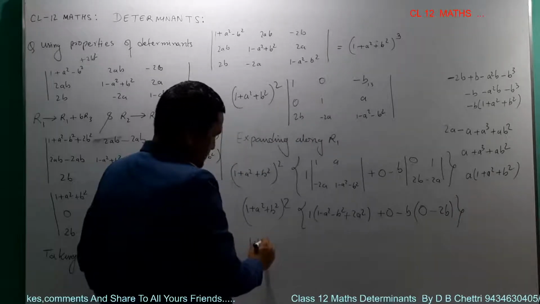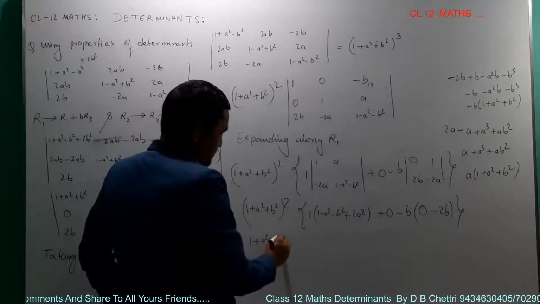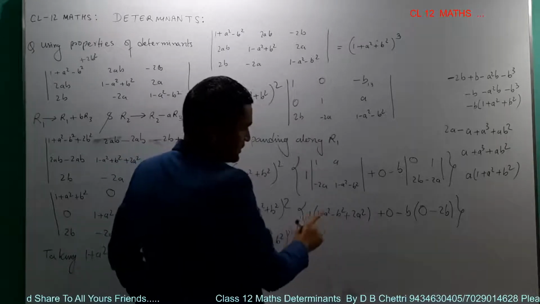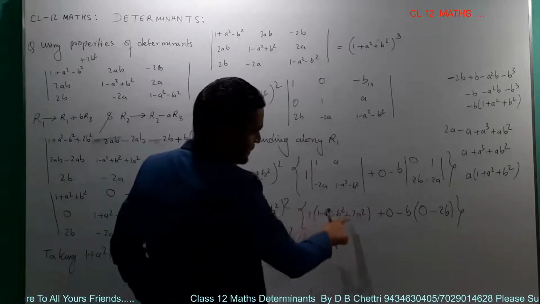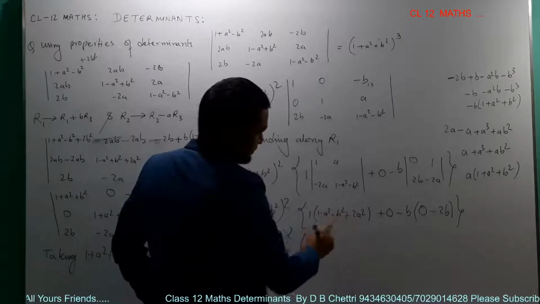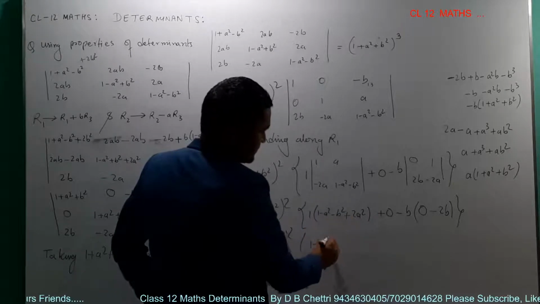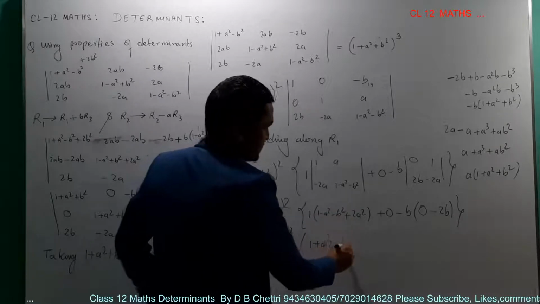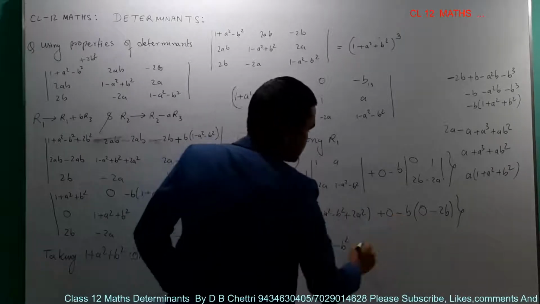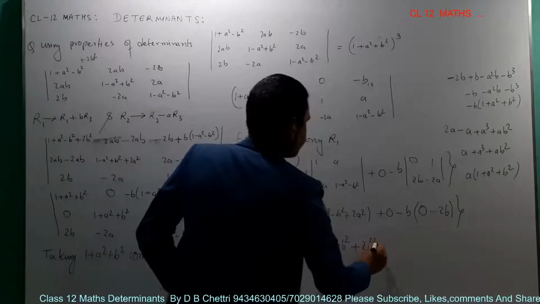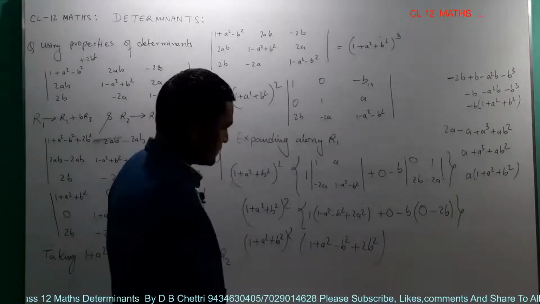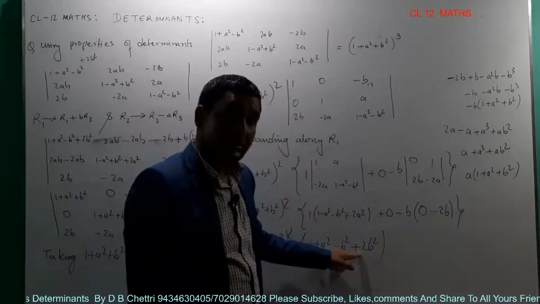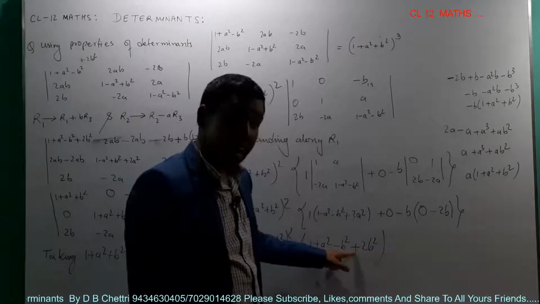1 plus a square plus b square, whole square. Then take this one and multiply to all. Are there any like terms? Yes. Then 1 plus a square minus a square plus 2a square means 1 plus a square, minus b square, minus minus plus 2b square. Now minus b square plus 2b square, their sum is plus b square.